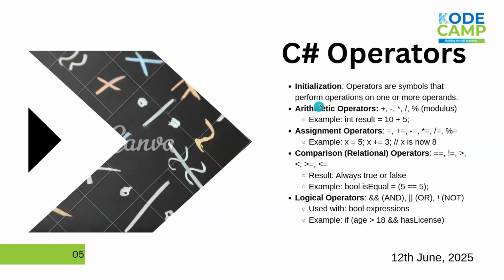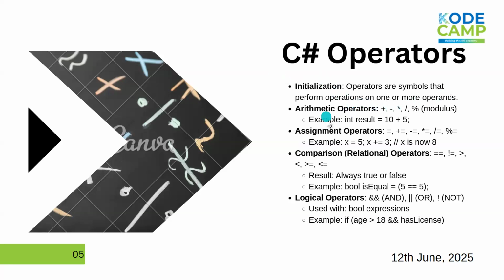All right, C# operators. These are special symbols that perform operations on your variables and values. You're already familiar with some of this from your maths knowledge. Before I talk about the arithmetic operators: operators are symbols that perform operations on one or more operands.